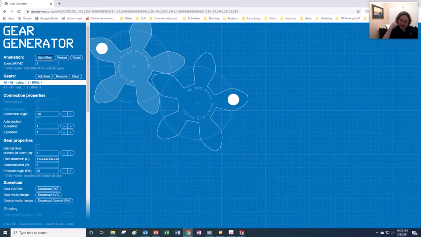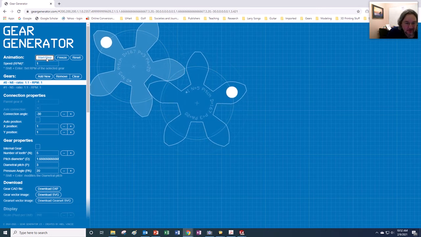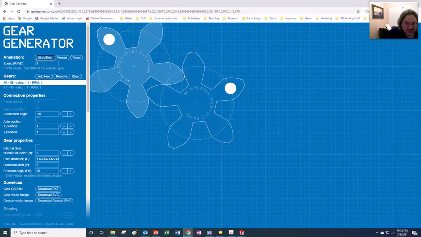This video is running longer than I meant it to. Here is an example of some interference. I didn't quite get this the way I wanted, but you can kind of see where we have some impingement taking place, like right there. We're using a very small number of teeth in order to demonstrate this.